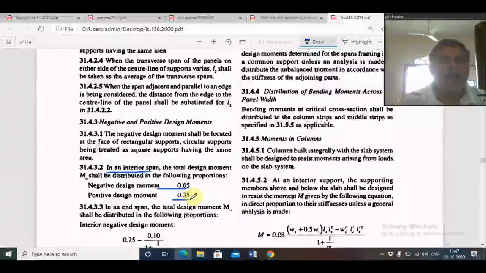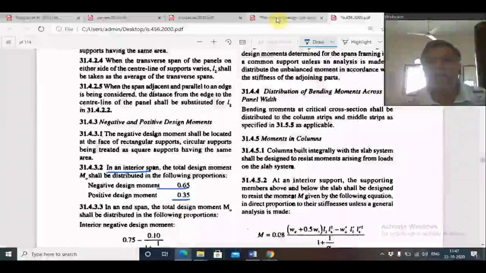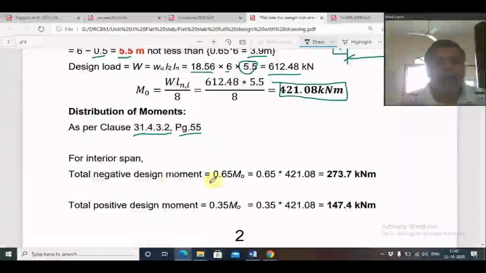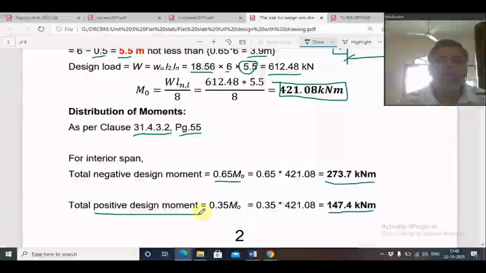So first I divide the total moment into negative and positive. Total negative moment is 0.65 times M0, that value is 273.7 kNm. If you deduct this value from the total moment, you get the balance as 147.4 kNm, which is assigned as the total positive design moment.